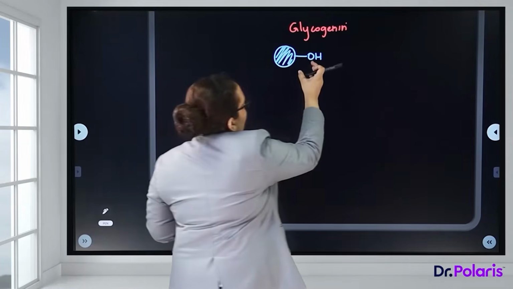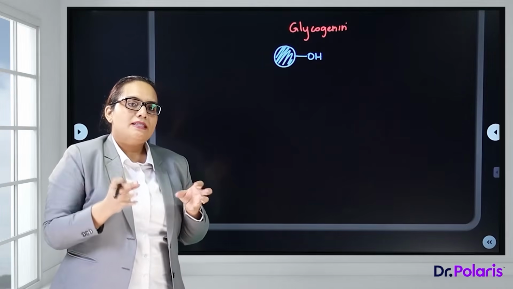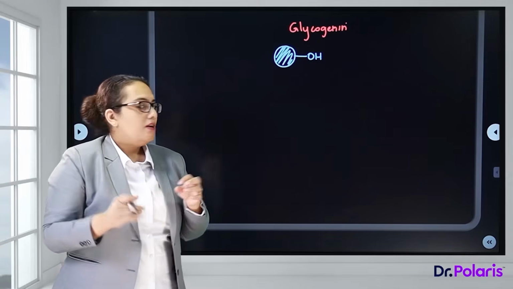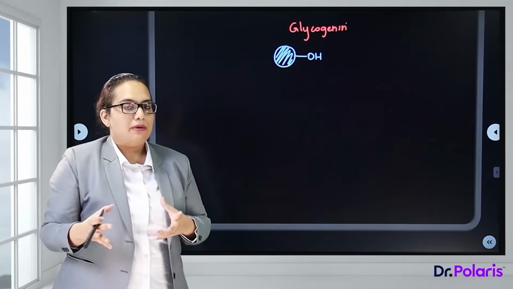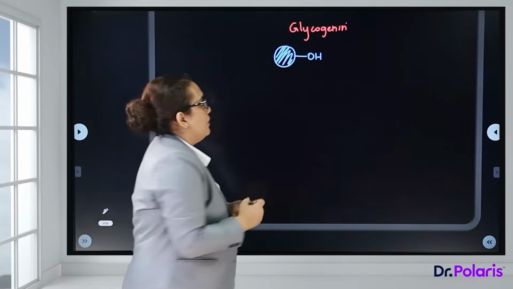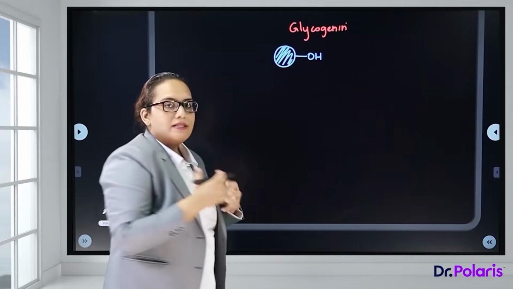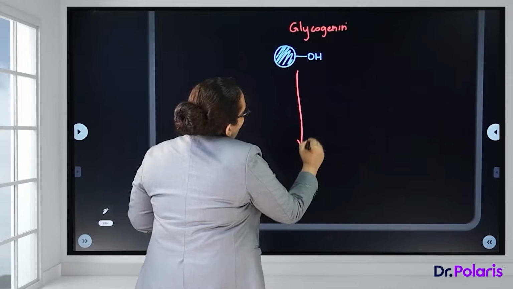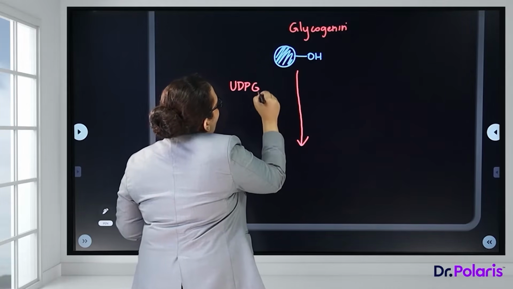So this hydroxy group, which is present on the glycogenin, serves as a point of attachment for glucose units. So a short stretch of glucose units is formed, which constitutes the primer. How does that happen? Let's have a look. So you have glycogenin over here, and this is the hydroxy group, which serves as an attachment. Then you have UDP glucose, which is a donor of glucose.